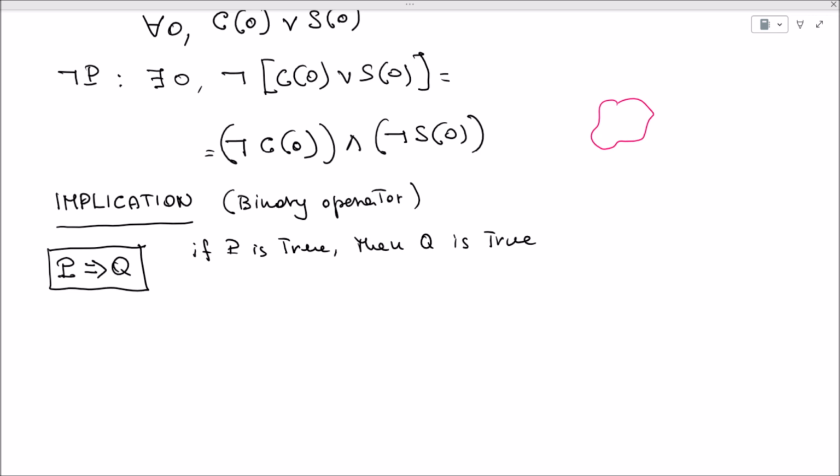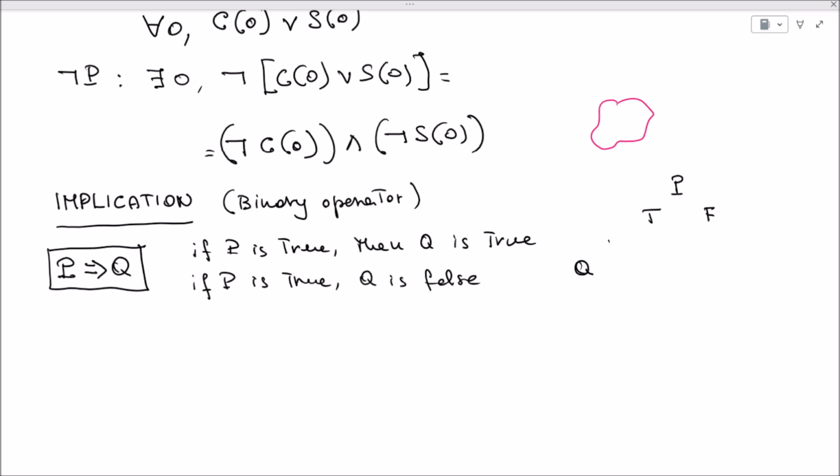Now, if this happens, the implication is true itself. If instead P is true and Q is false, then that means that the implication is false. So let's represent this with a truth table as always. So we have for P two possible values, true and false.